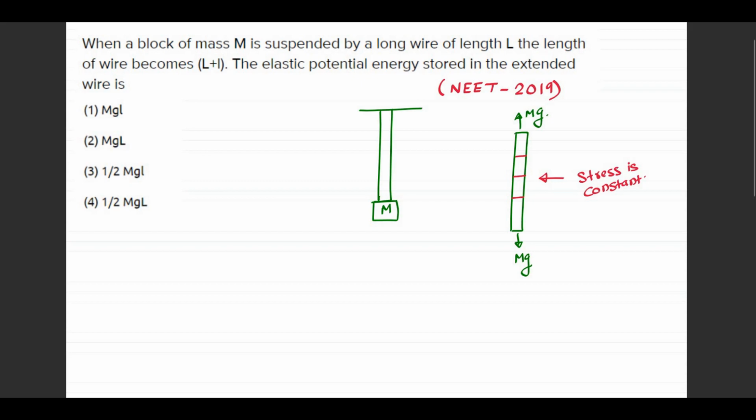Now I can say stress is mg by A, strain is l by L. Total energy will be energy per unit volume into total volume, which will be A into L. Say L is the length, correct? A is the cross sectional area.